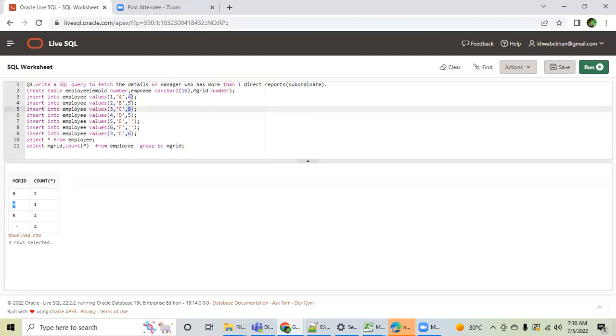The count of a star is 1 for manager ID 4, because there is only one record. Similarly, for manager ID 5, the count of a star is 2, because you have 2 records. For manager ID null, there are also 2 records. So we have used count of a star. Now tell me, is it correct to use count of a star here?